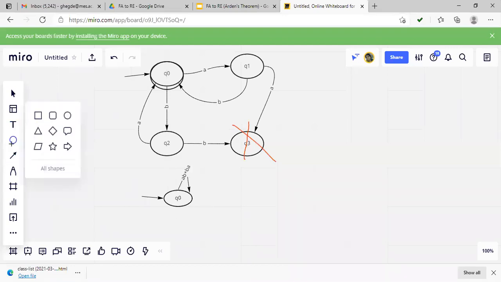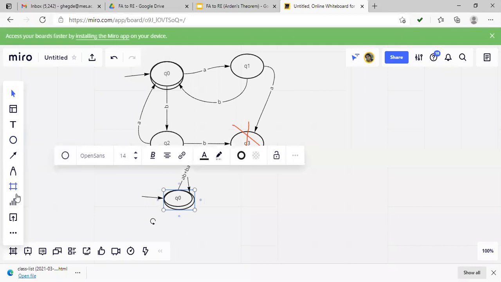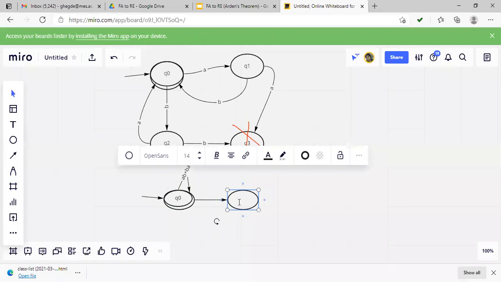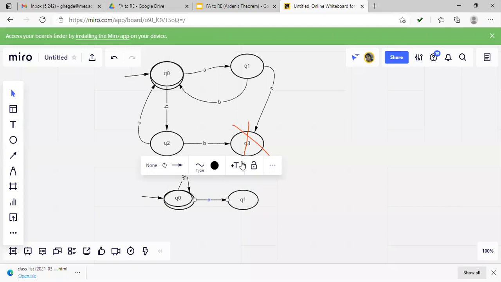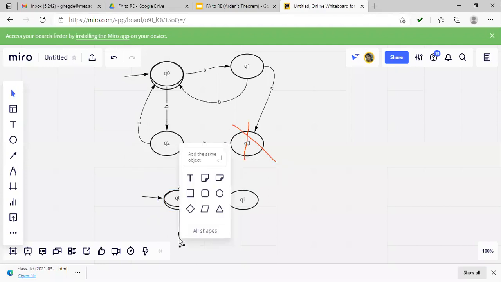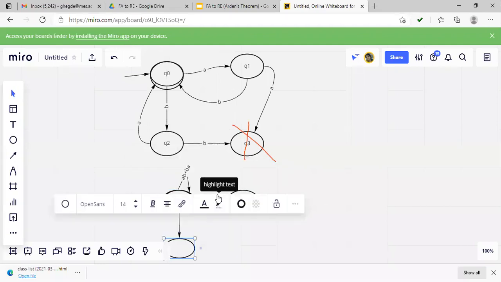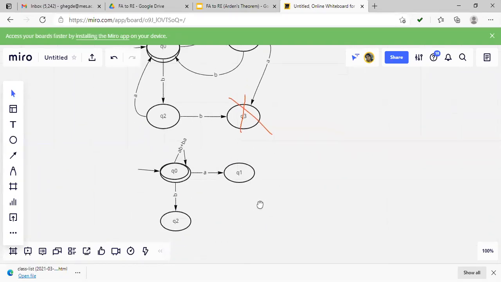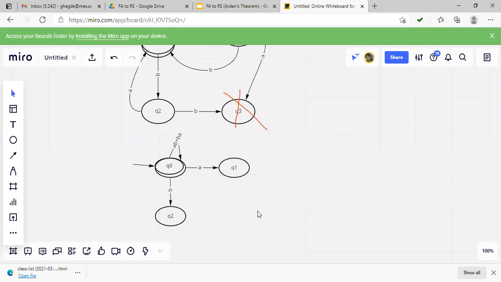After adding AB and BA, what is remaining then? Q1, and here we have A, and here Q2, and here we have B. Q3 I have just eliminated because it is not contributing to string generation.